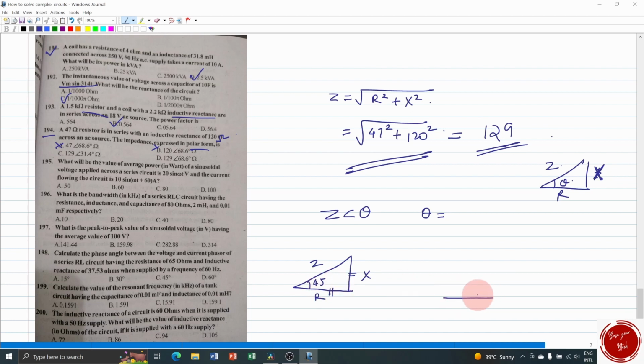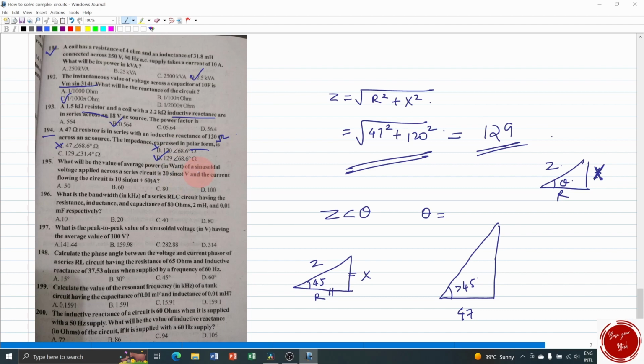But here for this question, R value is 47 and X value is 120, which is more than double this, isn't it? So this 45 degree is going to be a little bigger because this X value is double this R. So we have a value more than 45. So from the options C and D, 68.6 degrees is more than 45 degree. Okay, so option D is our right answer.